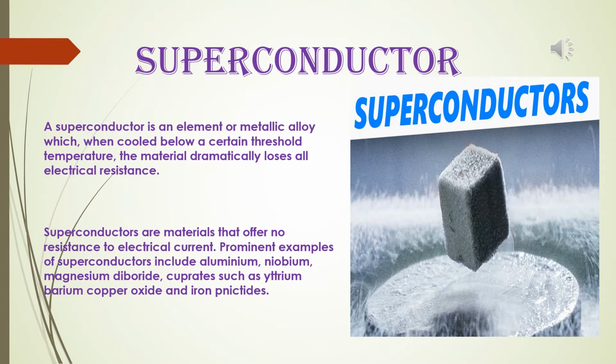So superconductors are materials that offer low resistance to electrical current. Prominent examples of superconductors include aluminium, niobium, magnesium diboride, and cuprates such as barium copper oxide, and iron pnictides. Rather, you can say, I think so, mercury is a very good superconductor.